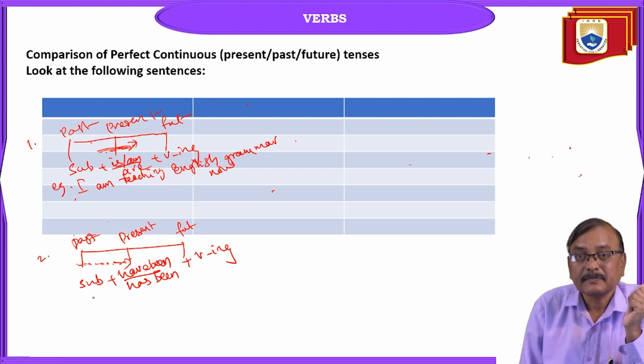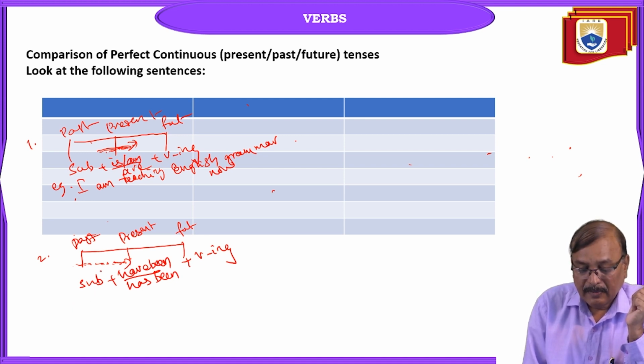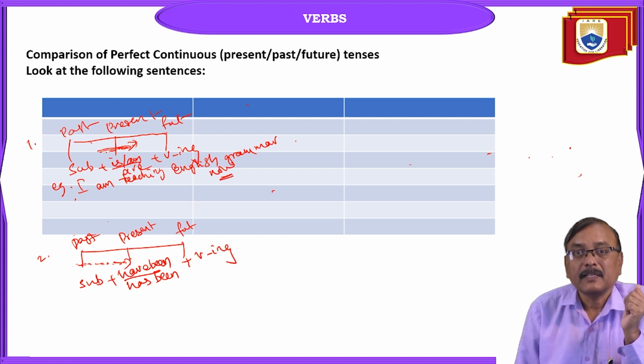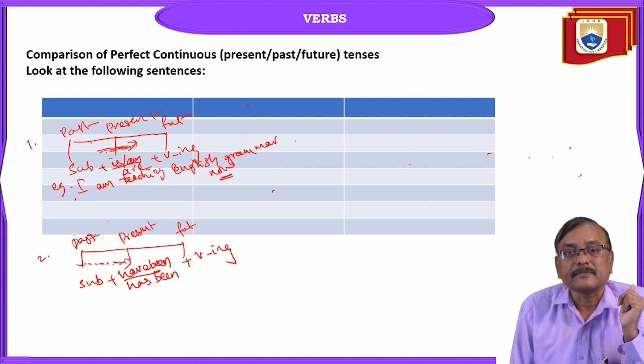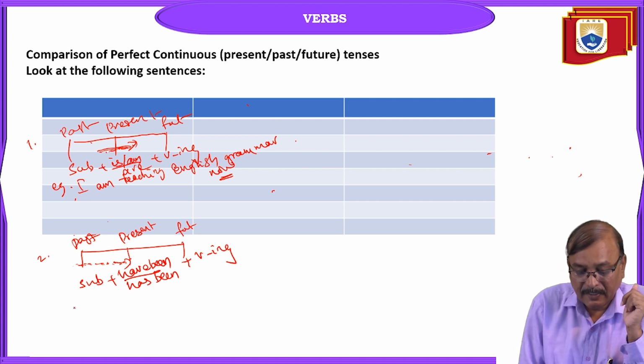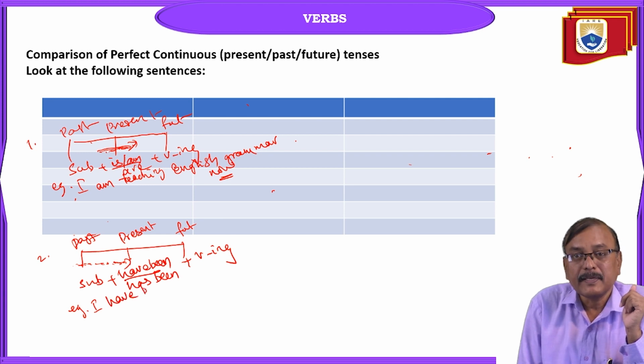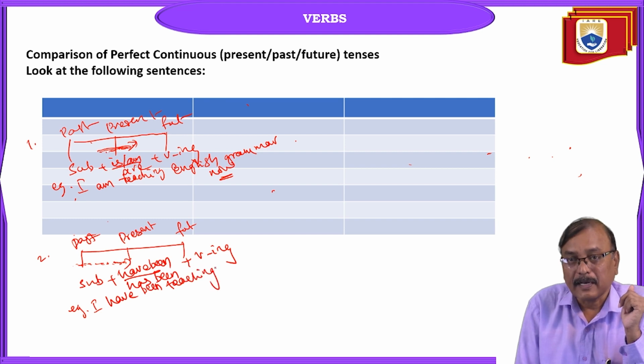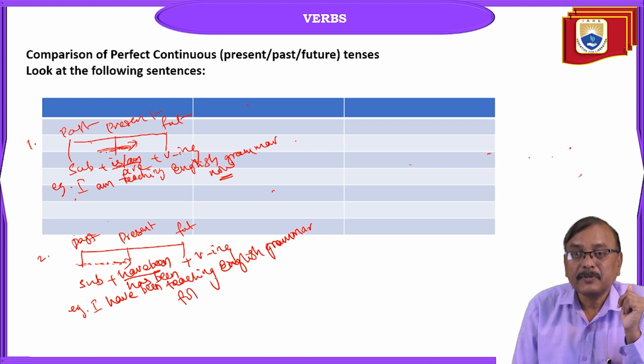Here you see, past to present. Now means at present only. At present I am teaching English grammar. Now you see here, I have been teaching English grammar for 2 decades, for 20 years.